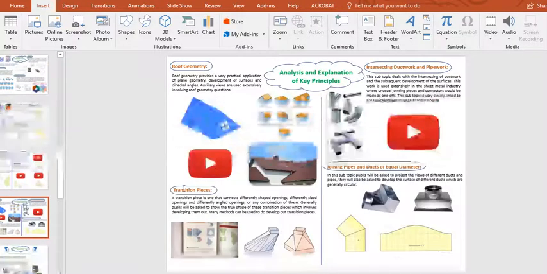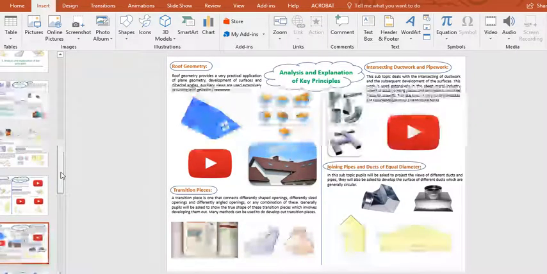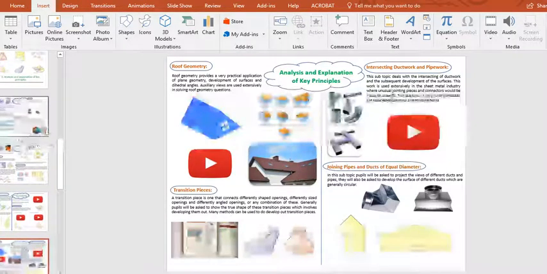I did a construction of a question and just the main principles that a pupil needs to know in order to solve the questions surrounding roof geometry. And then the same with intersecting ductwork, pipework, transition pieces, and so on, joining pipes and ducts of equal diameter. So I identified all the principles needed through videos and just outlining it. So that was how I identified what key principles need to be known, through the use of videos.